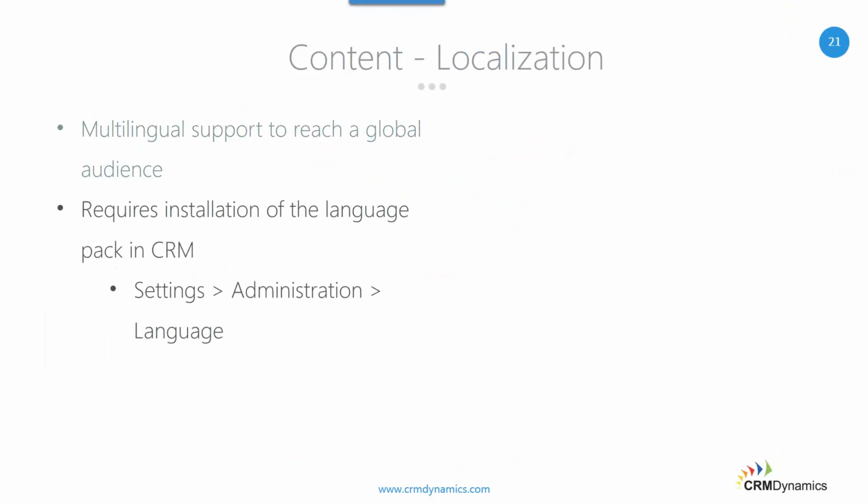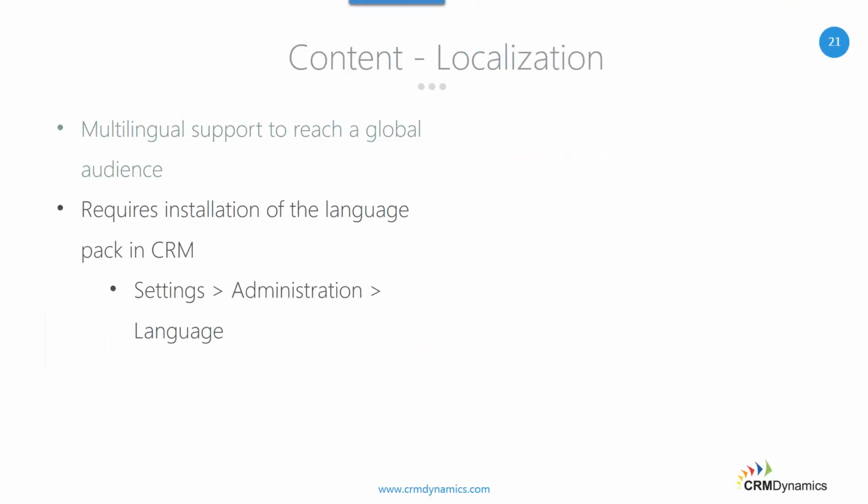Well, the portal is created in English by default. However, as businesses grow and reach a global audience, it is beneficial that your portal content could have multilingual support. Now, D365 Portals gives you that capability. D365 CRM provisions supported languages that you can install.